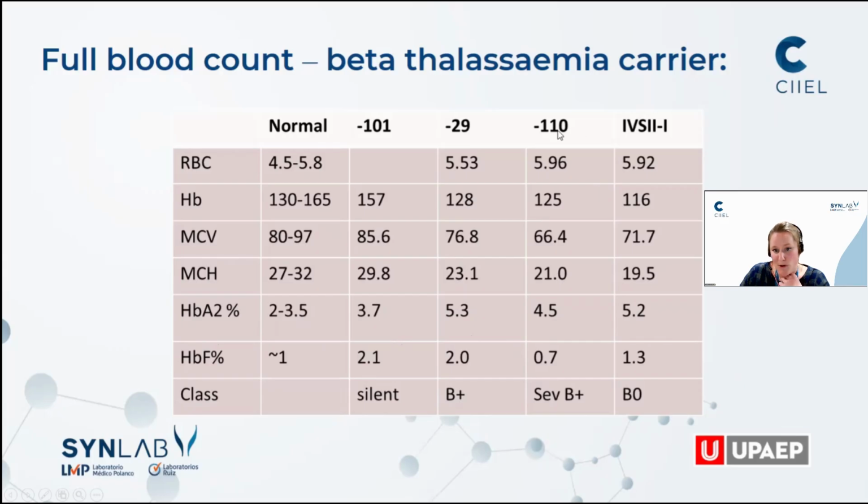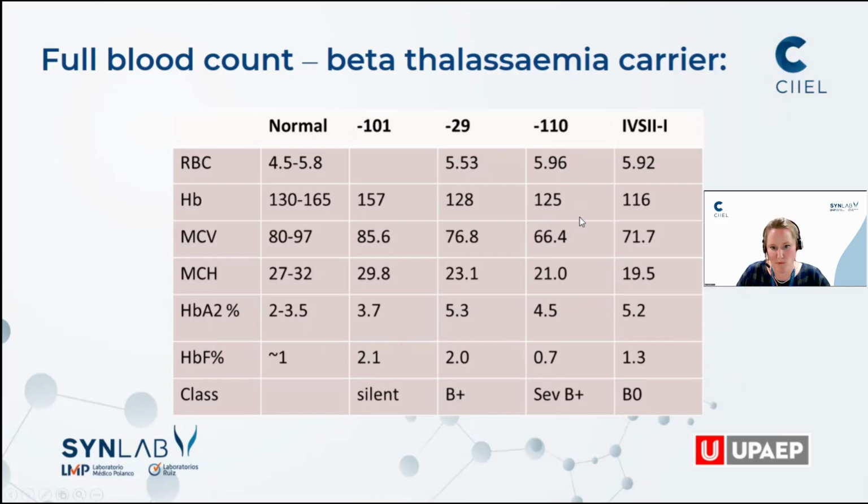The minus 110 is a severe beta plus thalassemia mutation. So you can see that we've now got a slightly raised red blood cell count, a reduced hemoglobin level, and a reduced MCV and MCH. The reason why you get a slightly raised red blood cell count is because you have a slightly increased erythropoietic drive.